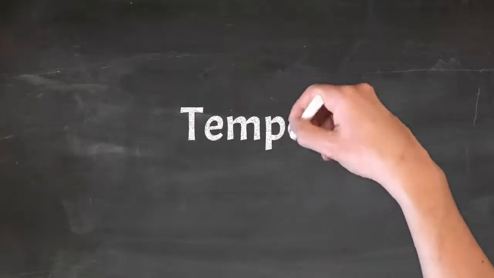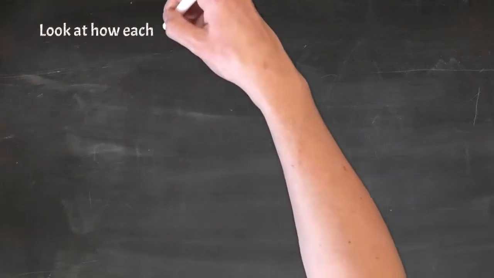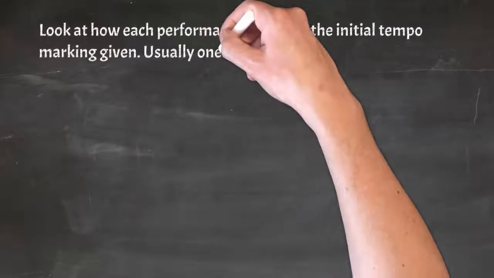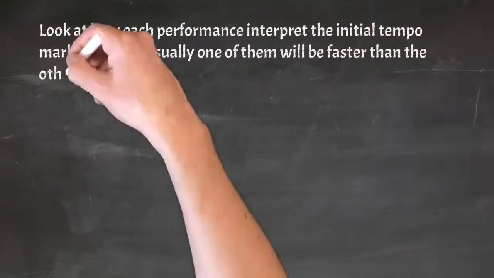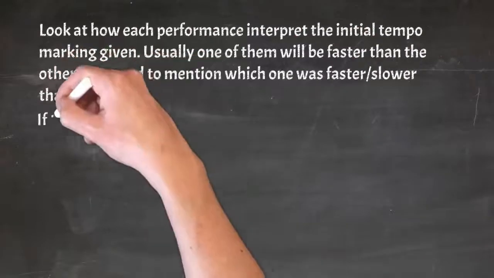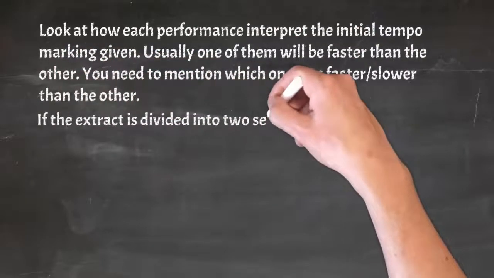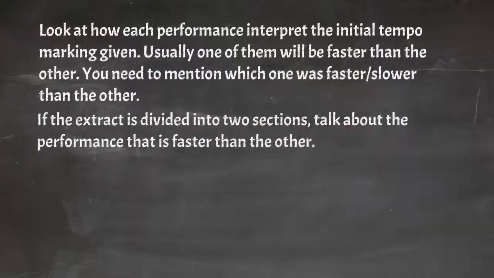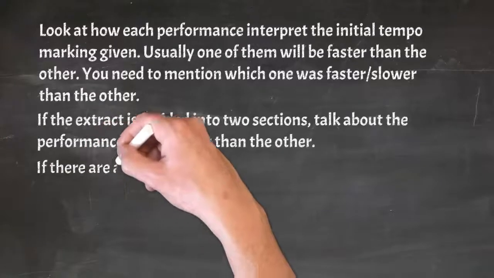Let's start with tempo. Here, look at how each performance interprets the initial tempo marking given. Usually one of them will be faster than the other. You need to mention which one was faster or slower than the other. If the extract is divided into 2 sections, talk about which one is faster in the new section.